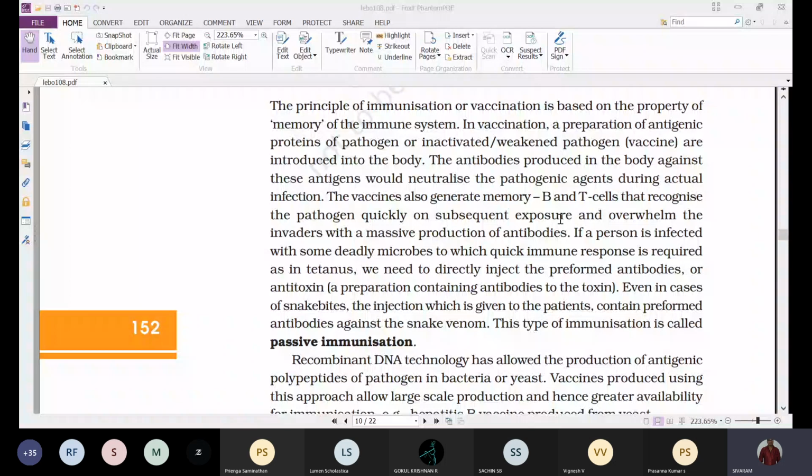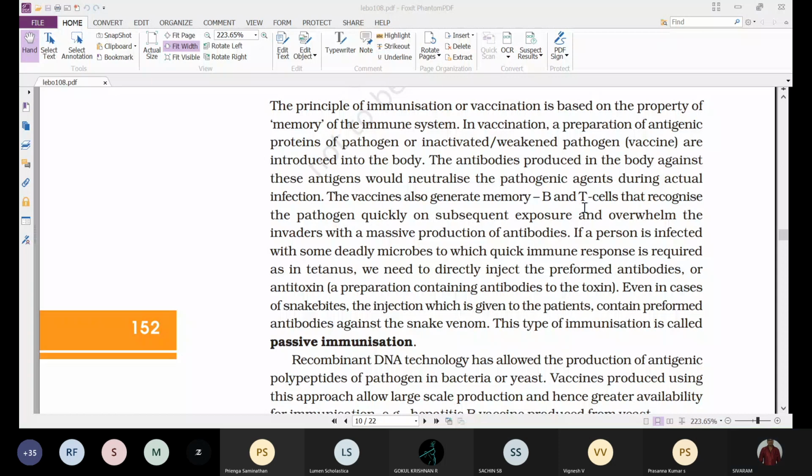As a result, when the pathogen enters our body, that is a subsequent exposure, and the invaders are overwhelmed with a massive production of antibodies.